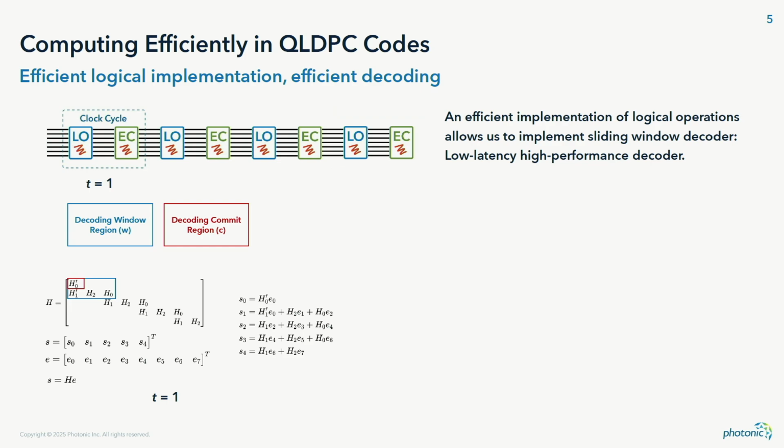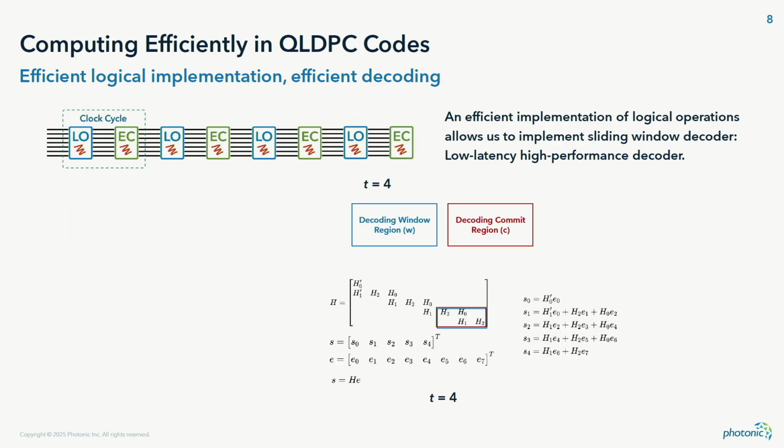Spatially coupled structure is very prevalent in classical error correction codes. So, to bring back what Hermann Hauser said this morning, let's learn from classical error correction codes.